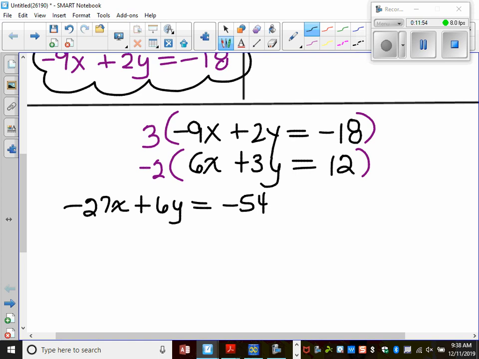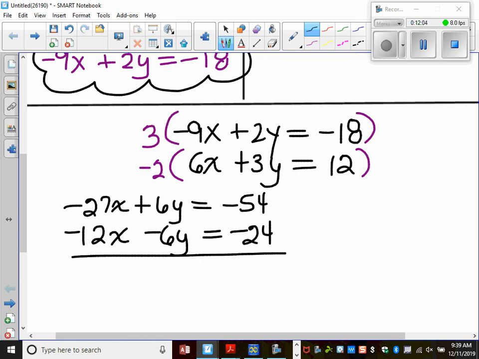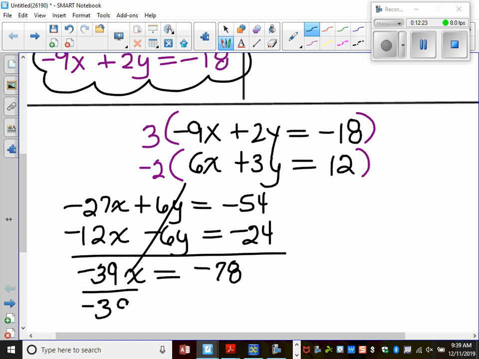And then when I multiply the second one by negative 2, I'll have negative 12x minus 6y equals negative 24. Y's cancel out, which is what I wanted to happen. And then I end up with what? Negative 39x. And then when I add negative 54 and negative 24, I get negative 78. Okay, divide by the negative 39.